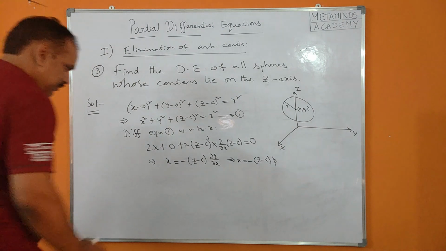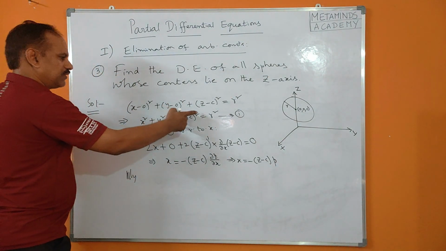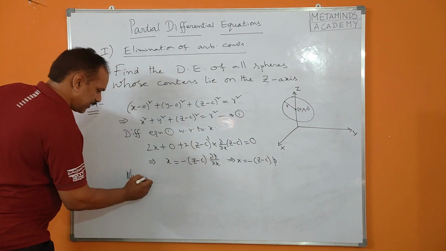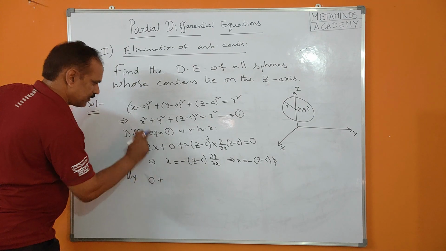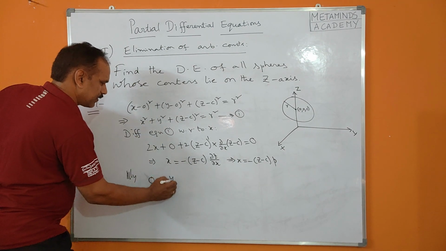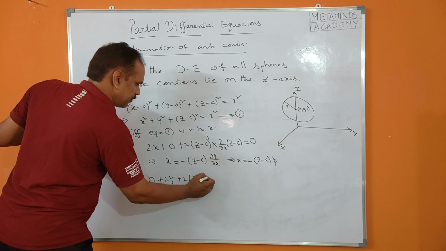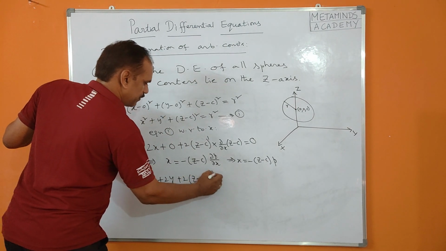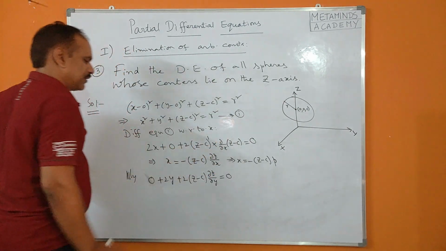Similarly, you differentiate equation 1 with respect to y. You will get 0 here plus 2y plus 2 into (z minus c) into dou z by dou y equal to 0 again.